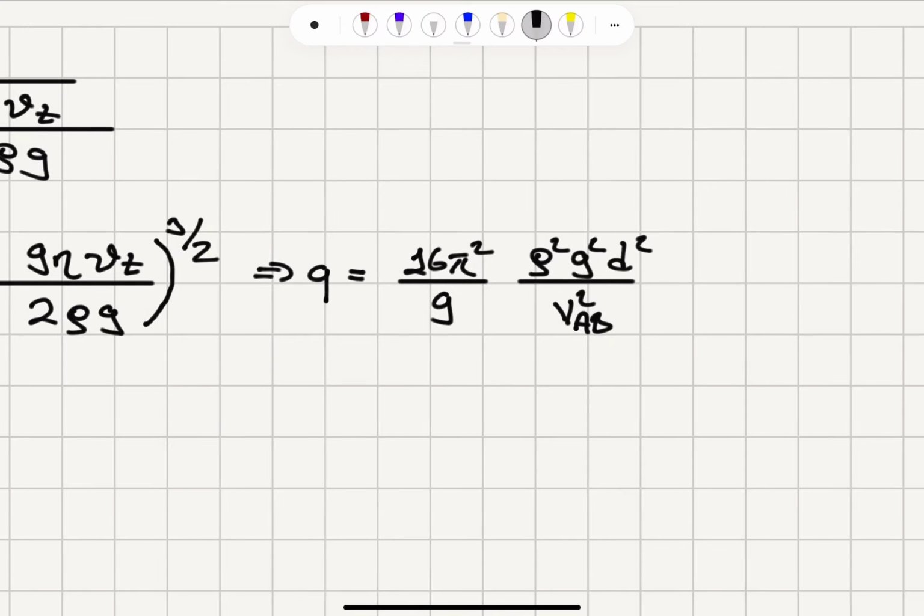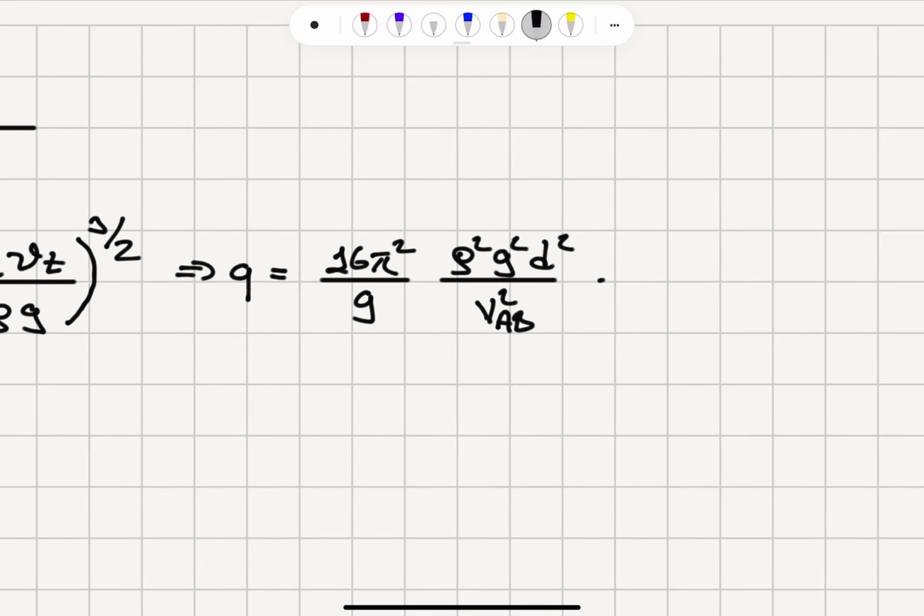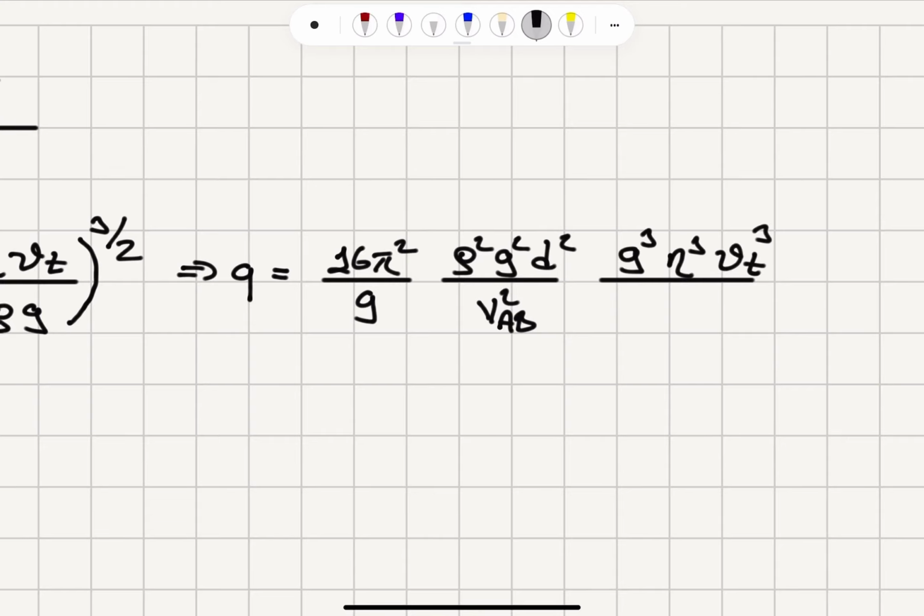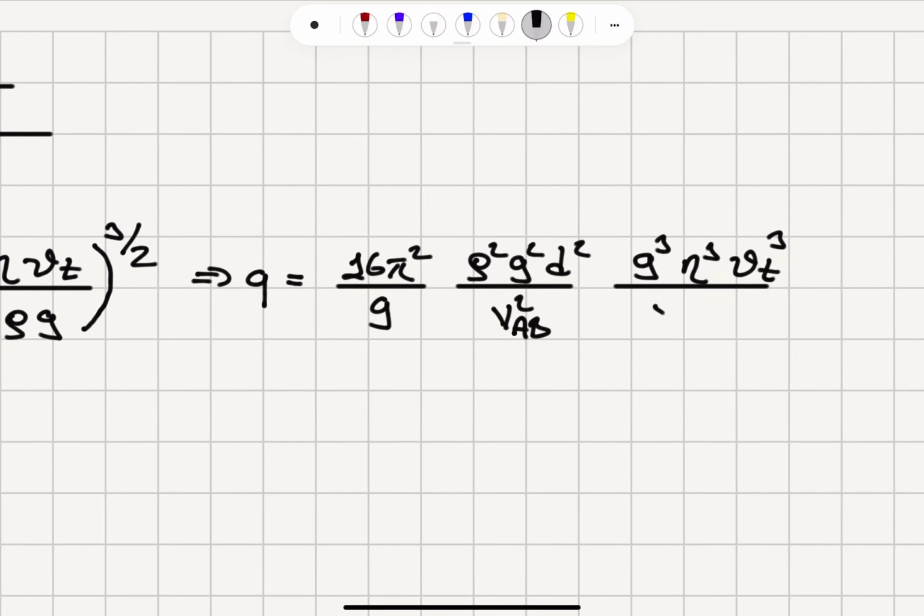Then I have the cube of r, so 9 cube eta cube v terminal cube divided by 2 cube, which is 8 rho cube g cube, and all of this to the power 1/2. So that's all inside the square root. Now let's see what happens.